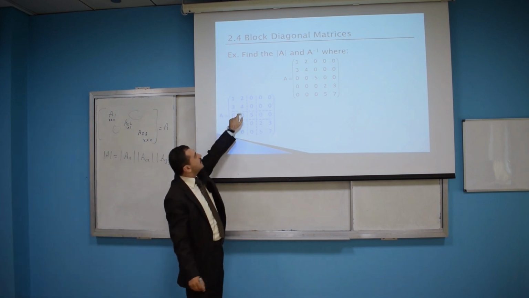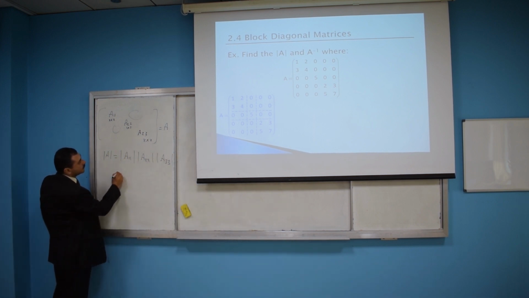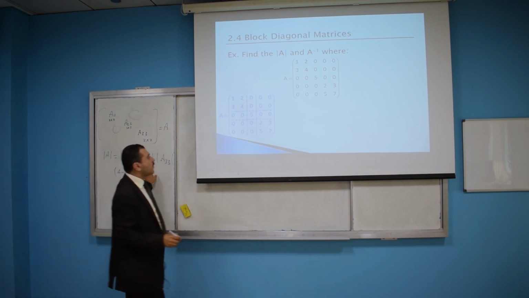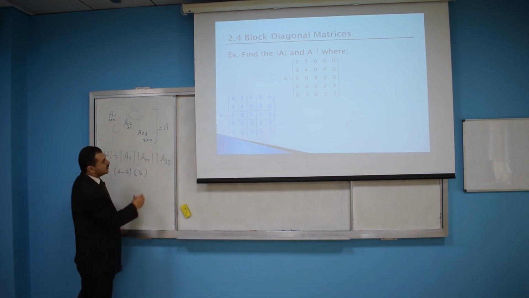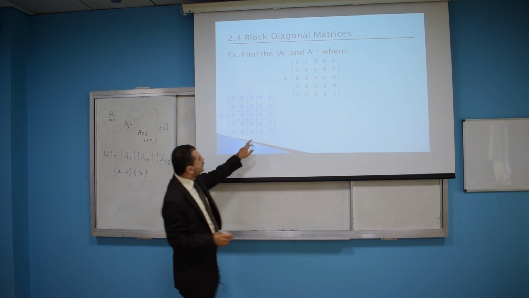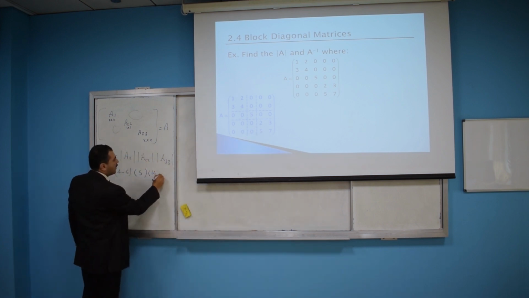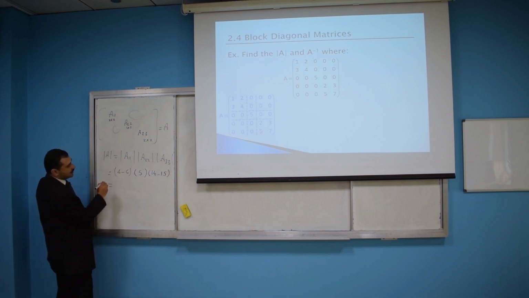A11, this guy, its determinant is -2. And determinant of A22 is 5. Determinant of A33 is -1. So your determinant is 10.